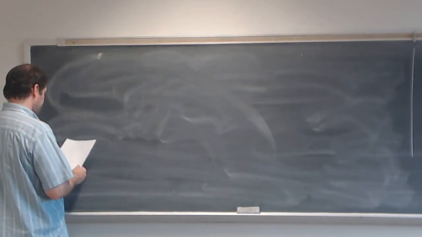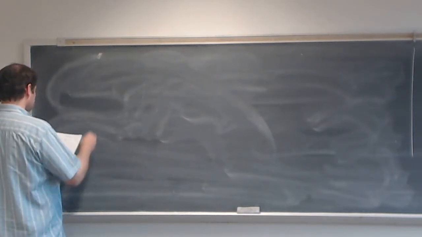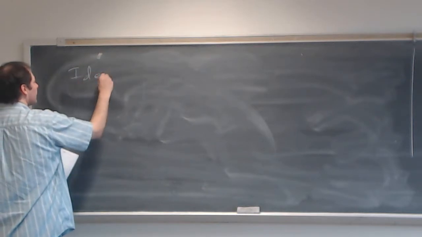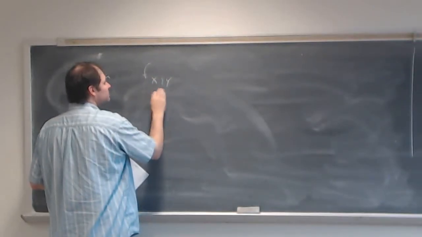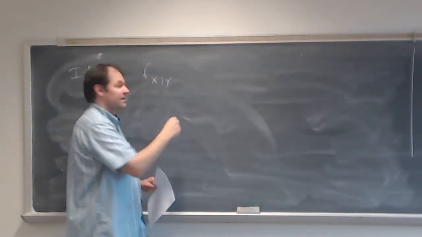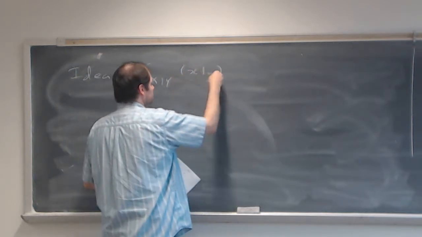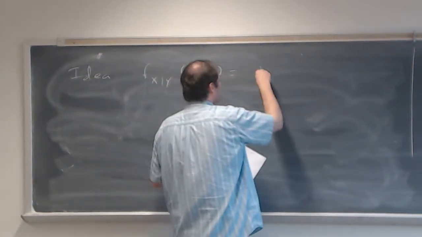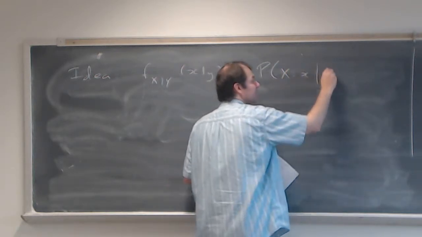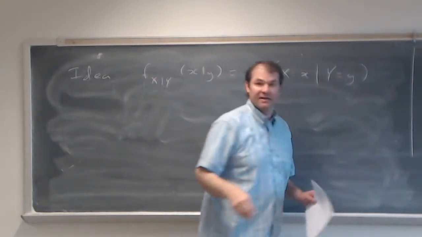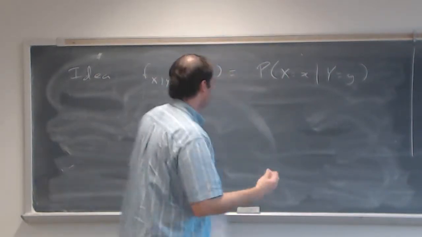The conditional probability mass function of X given Y is really equal to the probability that X equals little x given that Y equals little y. That's the idea.